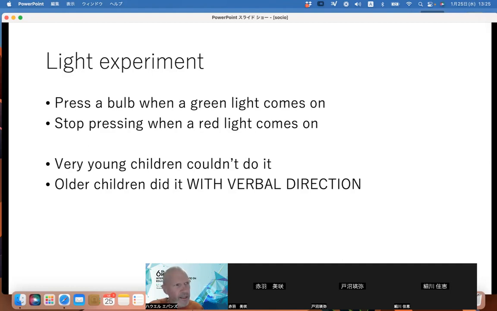So the symbol, or the word in this case, structures the thinking, and then the thinking regulates the activity. So it's a kind of three-way process in a sense. The sign structures thought. Thought regulates behavior.